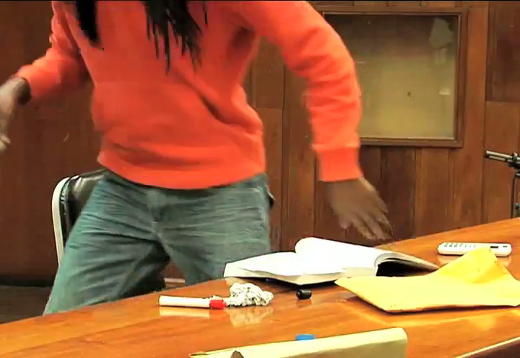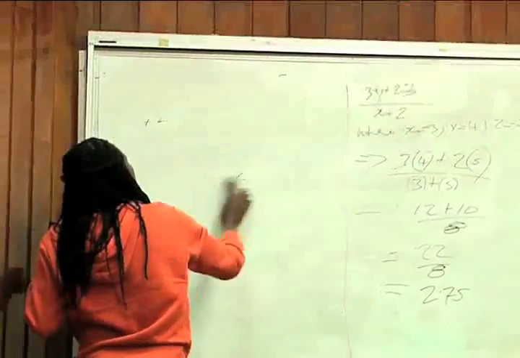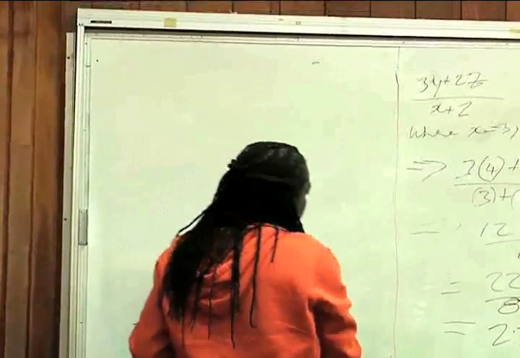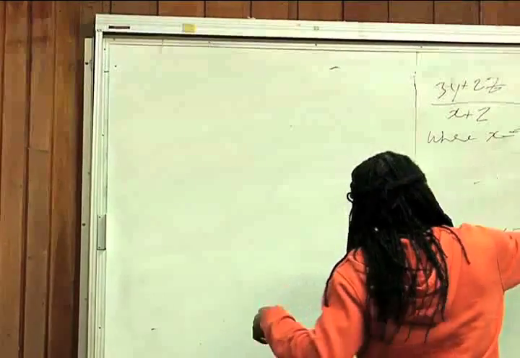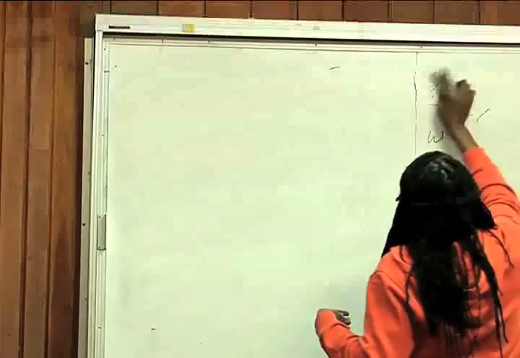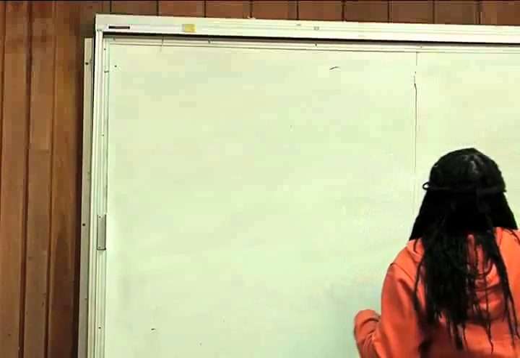Alright. 77 over 10. It's 3 plus 5, 10. Yeah, 10. 77 divided by 10 is 7.7.